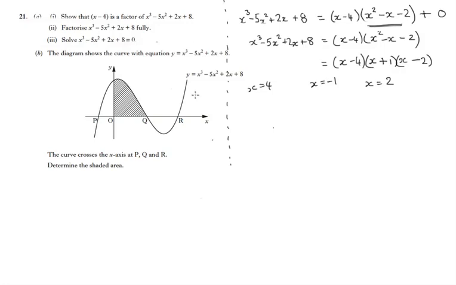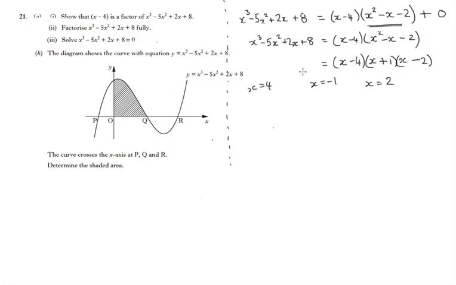Now, we've certainly found out the value of the polynomial when x equals 4. It's 0. When we put a 4 in there, this becomes 0, and you multiply these together, you get 0.